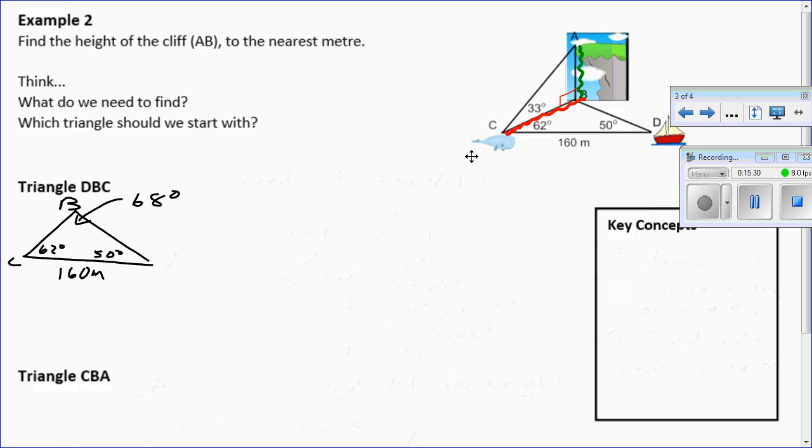So we got the interior angle for B, and we got the side. Now this allows me to use a sine sausage again. Oh my goodness, look at this. We have matching angles and matching sides, and all we need is this side here because we are looking for the side length of CB.